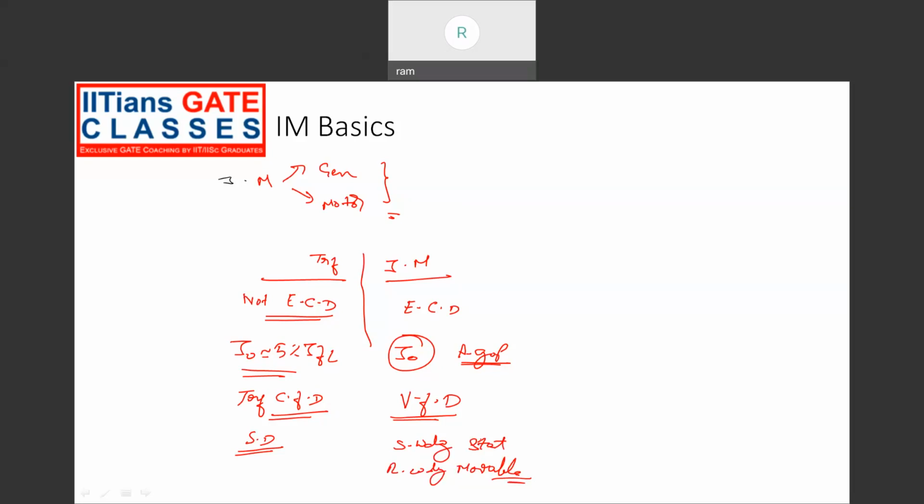It has a rotating component, so the losses in an induction machine are more, or the efficiency of an induction machine is less when compared to that of a transformer.